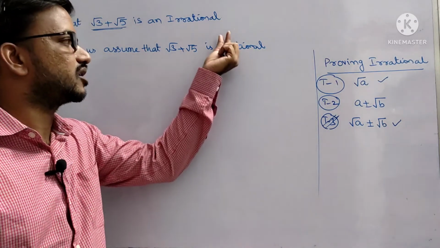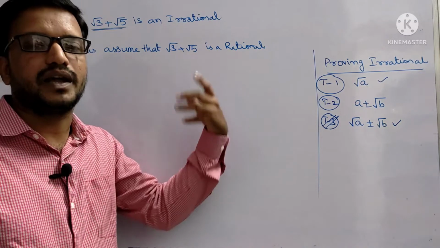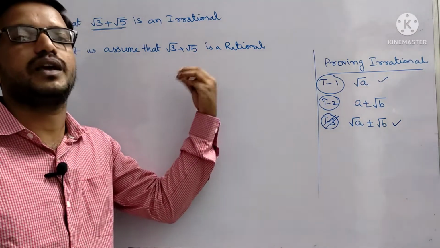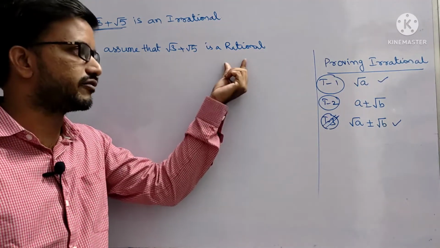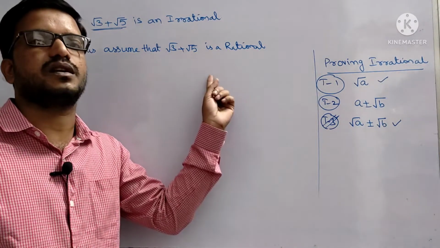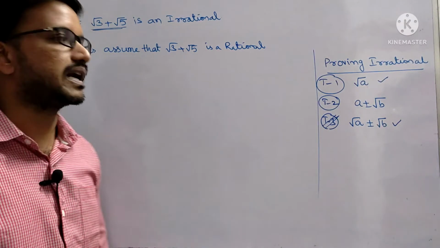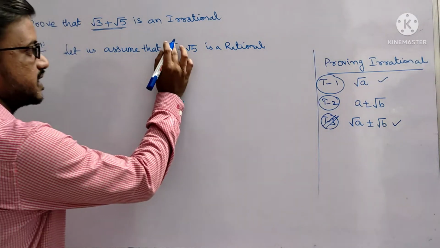So we assume the opposite statement and apply a few steps, and after a few steps we notice that our assumption is wrong. Why? Because we get a mistake, an error. Okay, let us observe step by step.